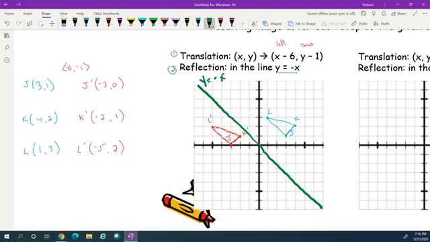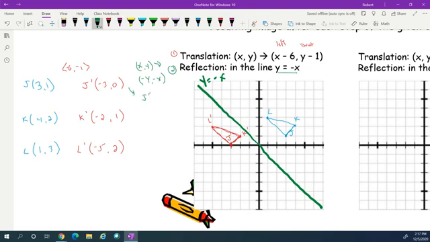But ultimately, what I want to do is grab the rule for that reflection, which says x, y becomes -y, -x.